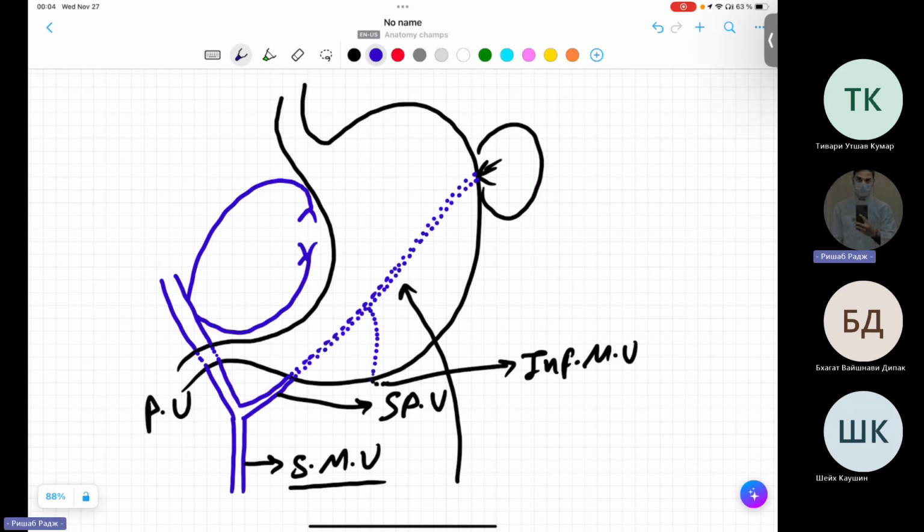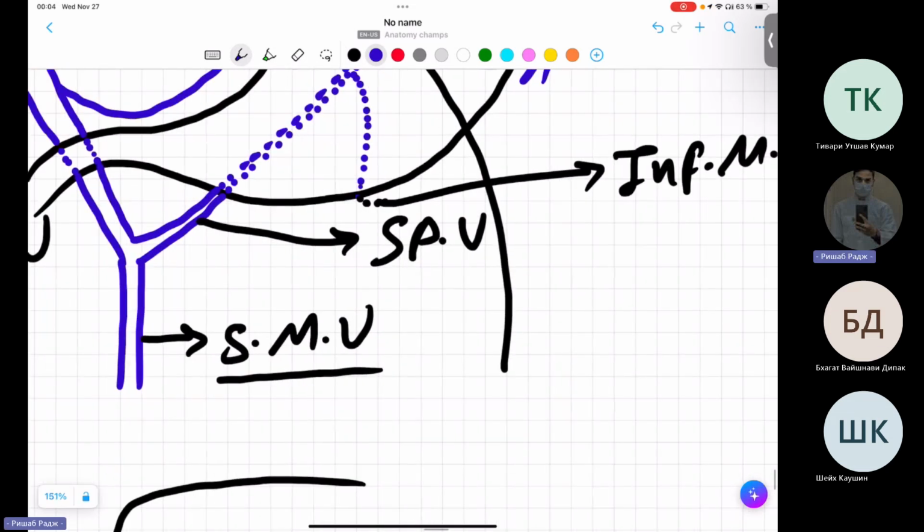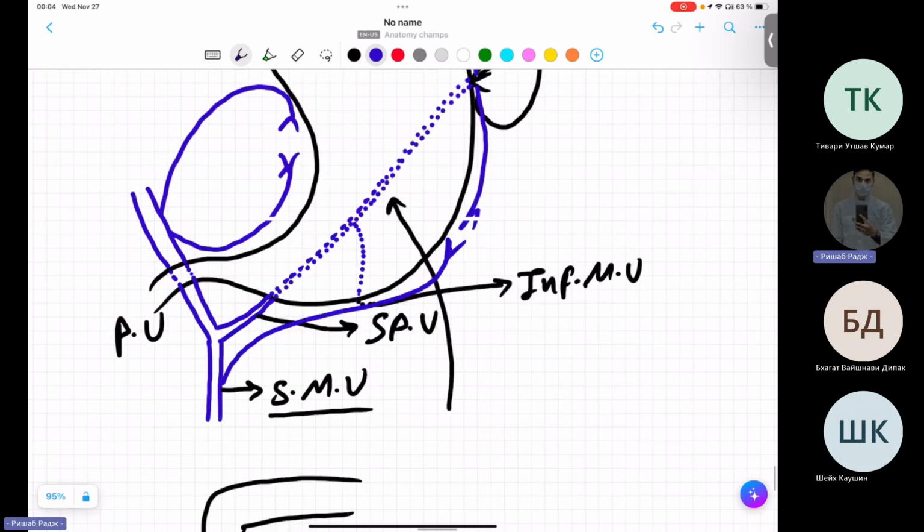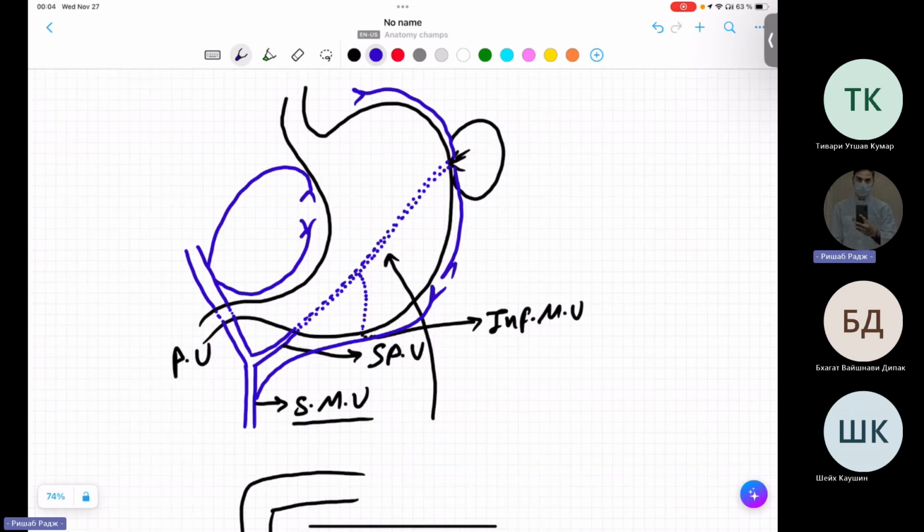From your splenic vein, the short gastric veins and the left gastroepiploic vein will come. From the superior mesenteric vein, your right gastroepiploic vein will come and it will anastomose. And this is the arterial and venous supply of your stomach. Got it?